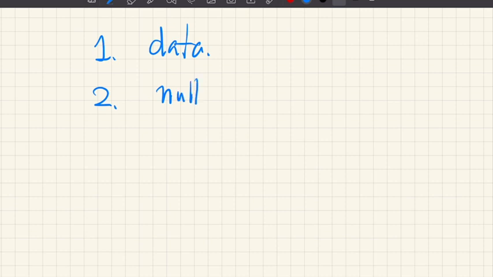Okay, let us summarize the logic of significance tests. First of all, we must have data. Then we have to have a null hypothesis which we want to test, or rather, which we want to reject actually. If we can reject it, then that's for sure. If we cannot reject it, we cannot say anything.